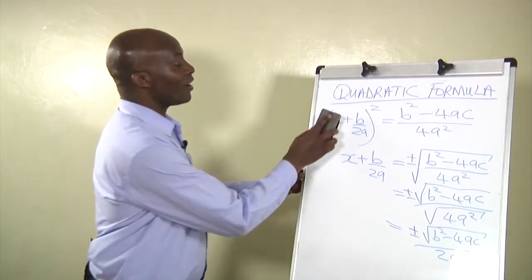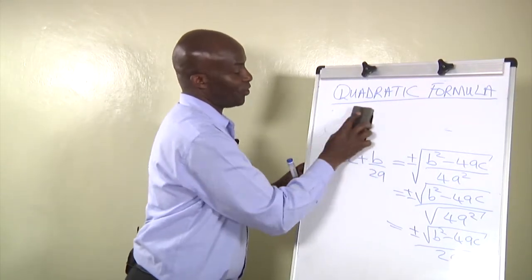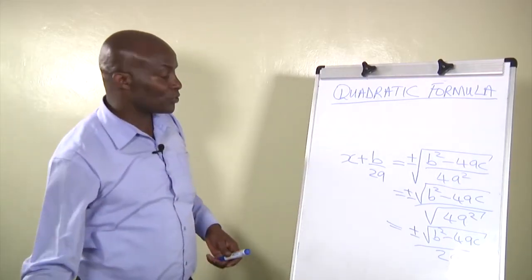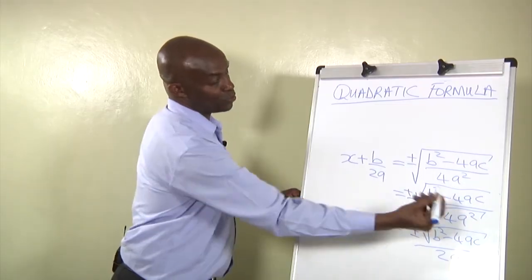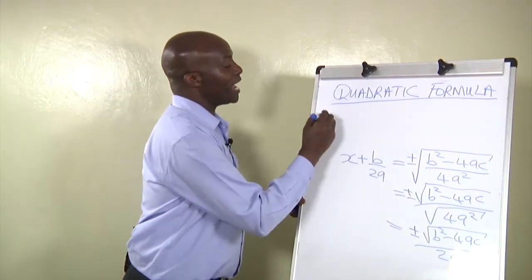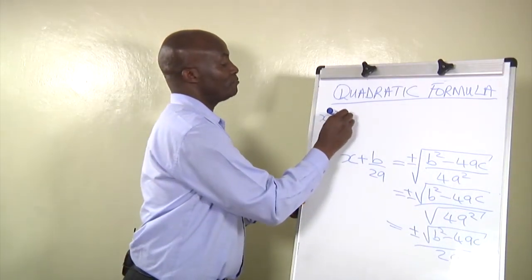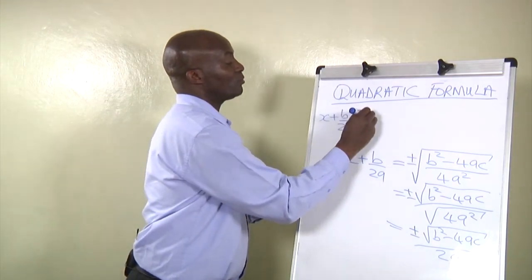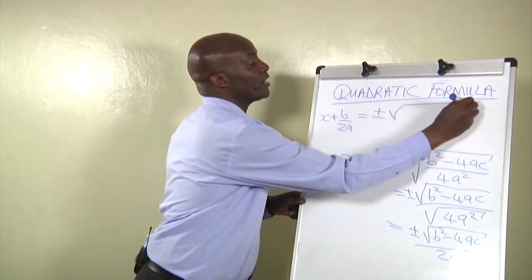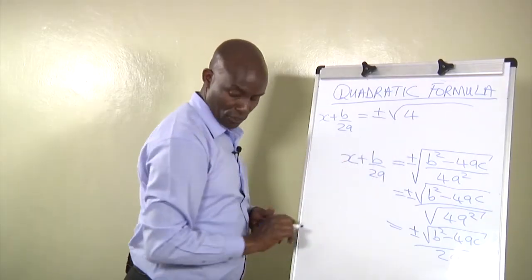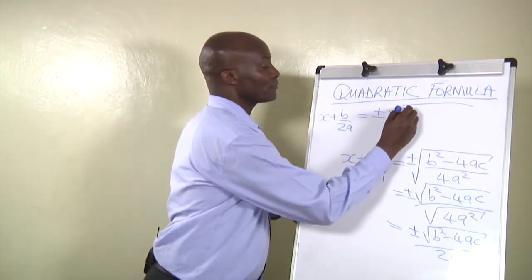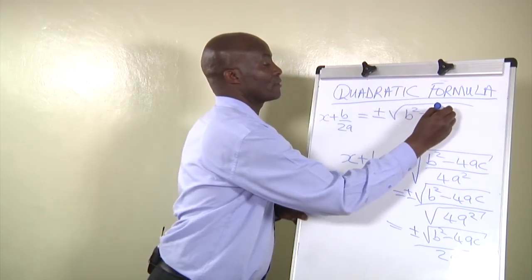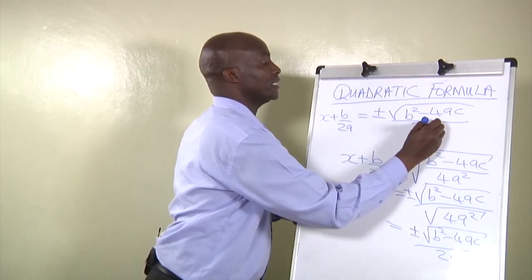So what remains now, so that we are left with x on the left-hand side, is simply to take positive b over 2a to the right-hand side. We have x plus b over 2a is equal to plus or minus the square root of b squared minus 4ac over 2a.